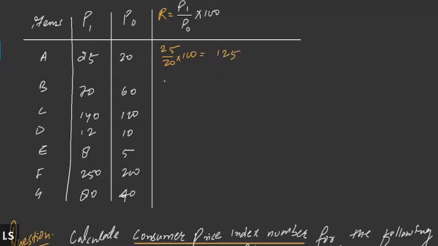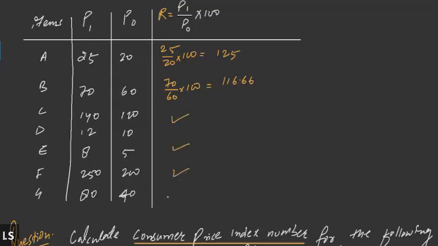Similarly, we will find the price relative for item B as well: 70 divided by 60 into 100, so 116.66. Now similarly, you will find the price relative for all the items C, D, E, F, G.